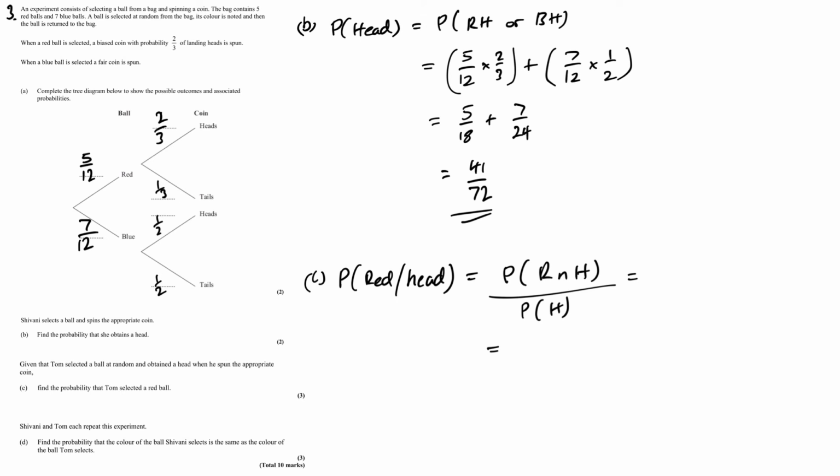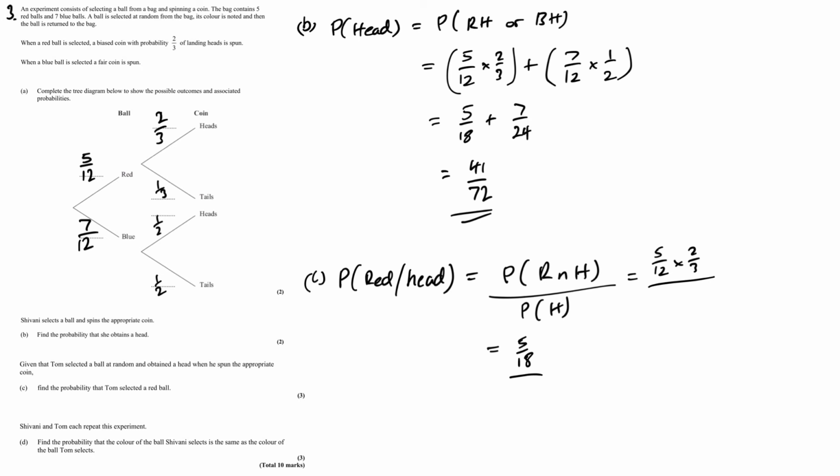So red and head means red and head, 5/12 times 2/3, which we've already done up here, so it's 5 over 18. But I will pop the 5/12 times 2/3 there, which we know is 5 over 18.